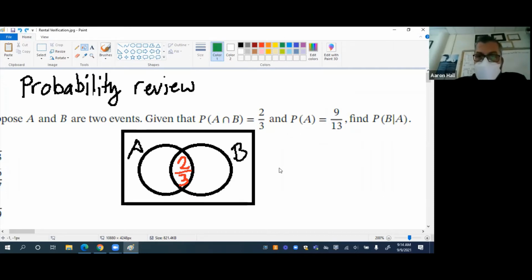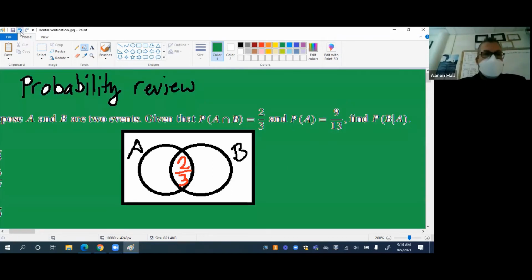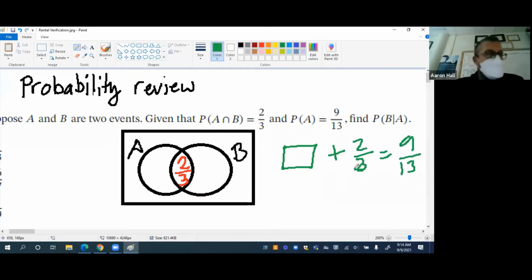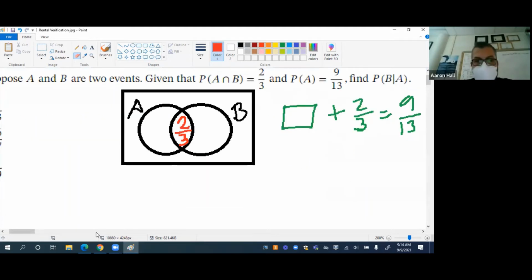I know that something plus 2/3 gives me 9/13. Does that make sense? Okay, so all of this is 9/13. So if I want to figure out what goes in this box, then we use inverse operations. I'm going to subtract the 2/3.